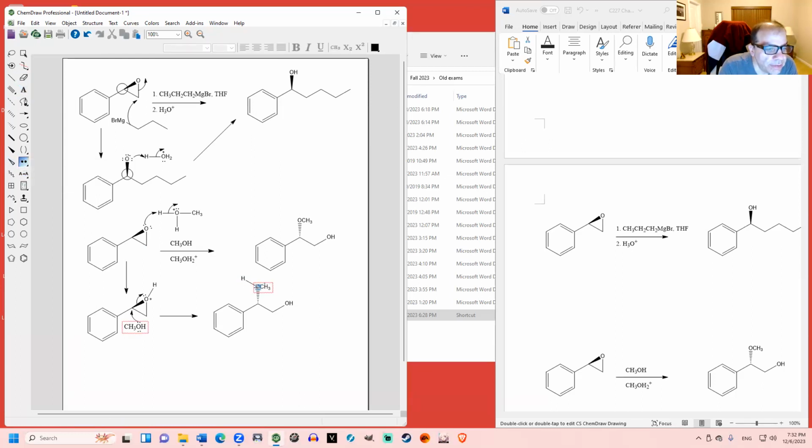And then you get this intermediate. And then all we need to do is pull that proton off the oxygen with a plus charge, and we're done.